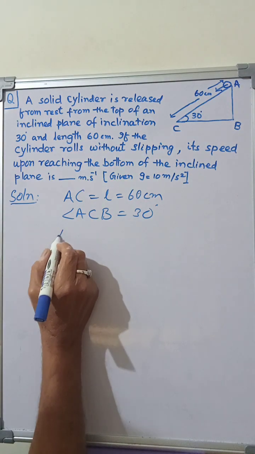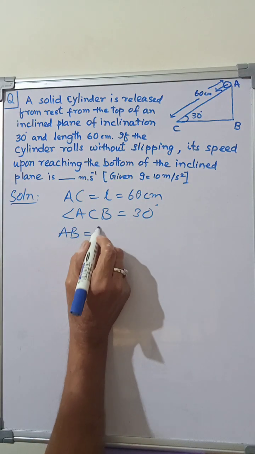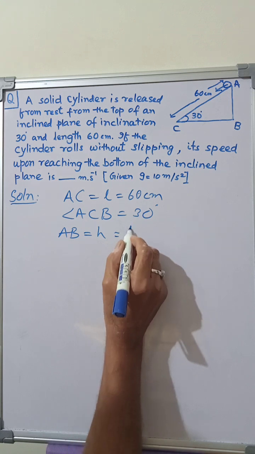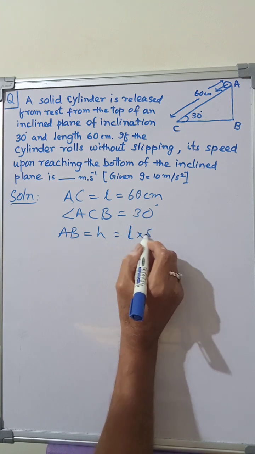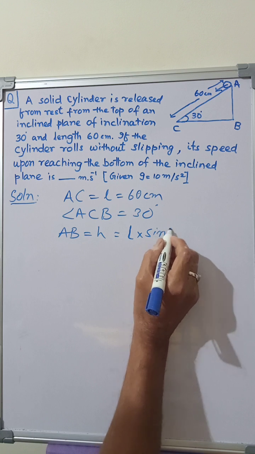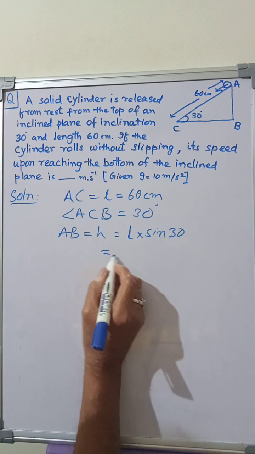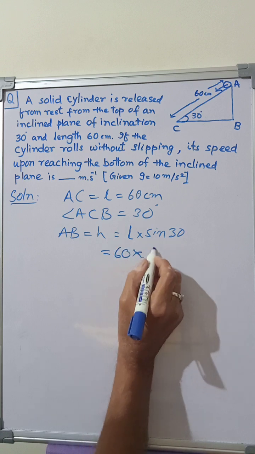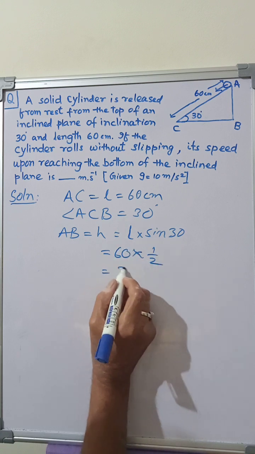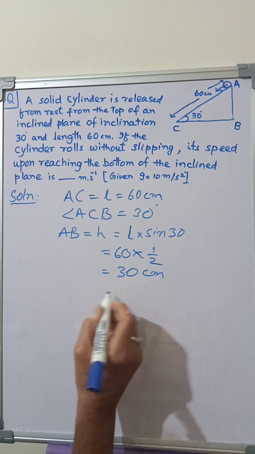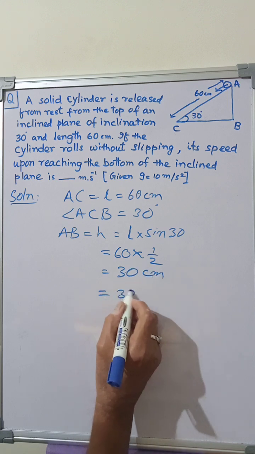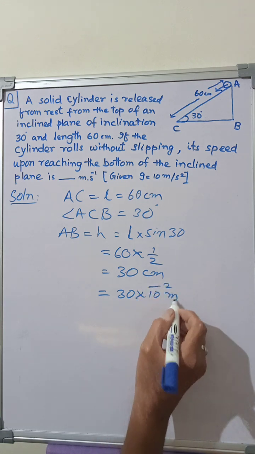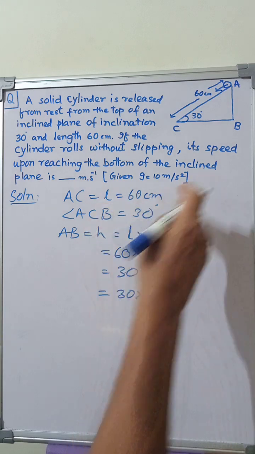Therefore, AB, height of the inclined plane, will be equal to L into sine 30. Putting the values, we get h is equal to 60 into sine 30, which is half, which is equal to 30 centimeters, which, converting into SI units, is 30 into 10 to the power minus 2 meters. Let us remove everything and put it there.